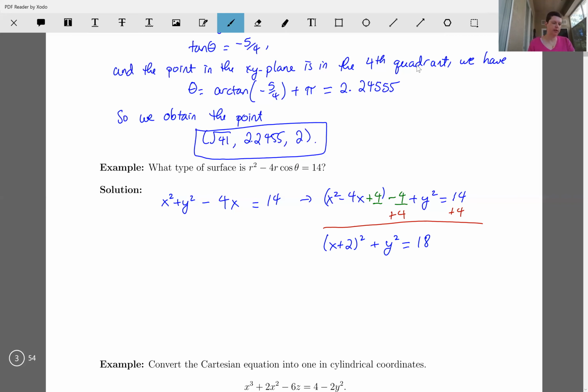And what is this? If you know, this is a cylinder.